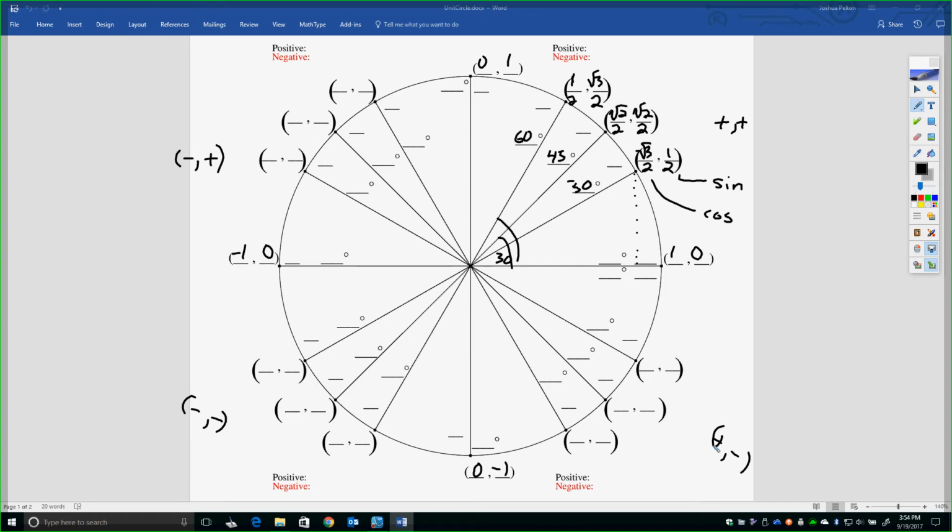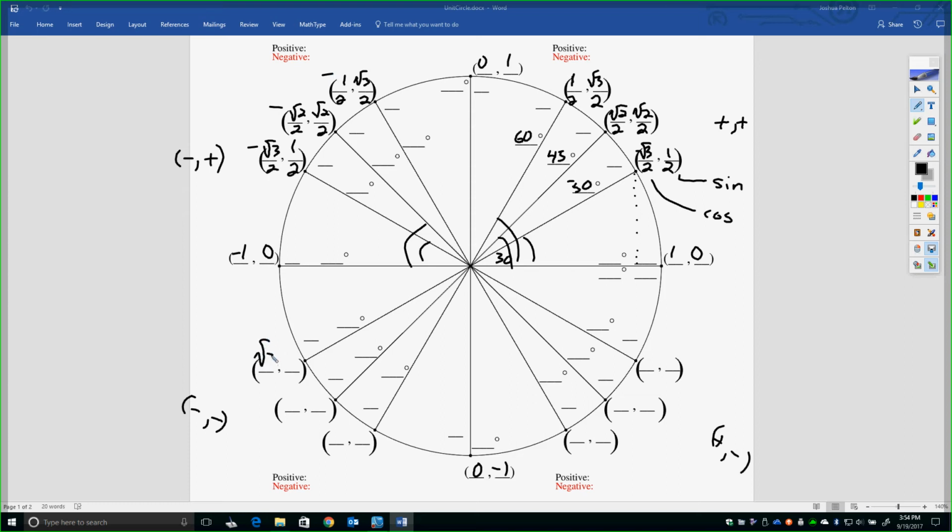This is 30 degrees, and this is also 30 degrees, so this is another root 3 over 2, 1/2, but the first one is negative. This is still 45 degrees, so that's root 2 over 2, root 2 over 2, except the first one is negative. And lastly, 1/2 and root 3 over 2, with the first one negative. We can repeat that in the other quadrants, changing the sign.